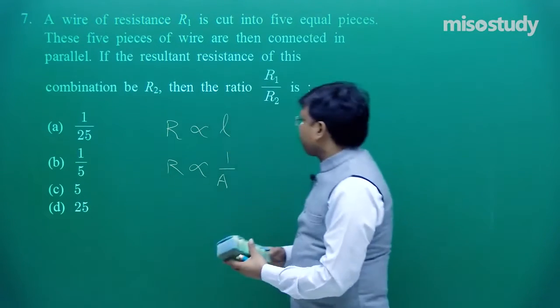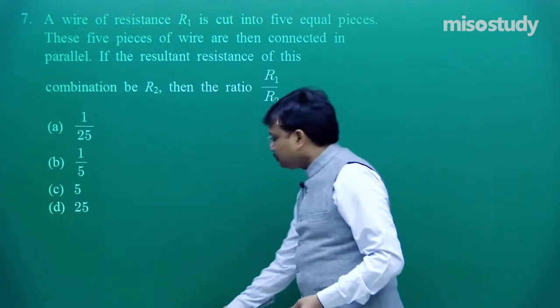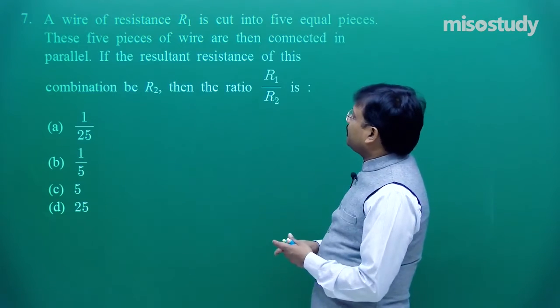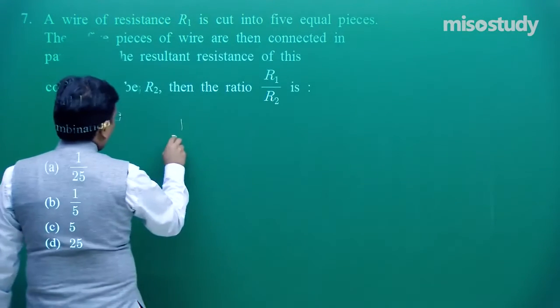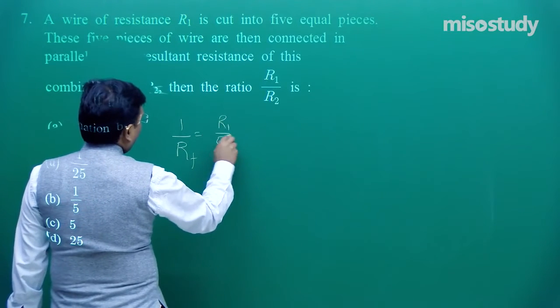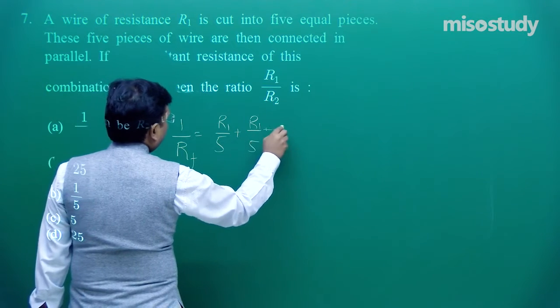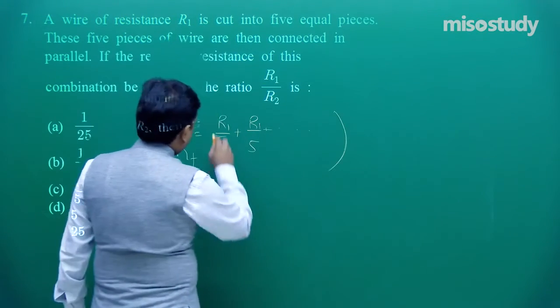Now, connect all these 5 pieces in parallel. So, it is going to be like this: 1 upon RF is R1 upon 5 plus R1 upon 5 plus, fine, till 5 parts.